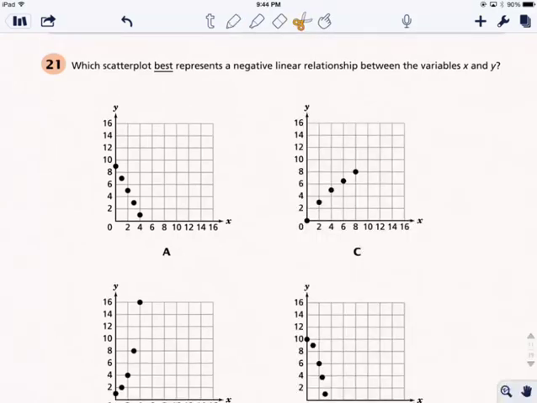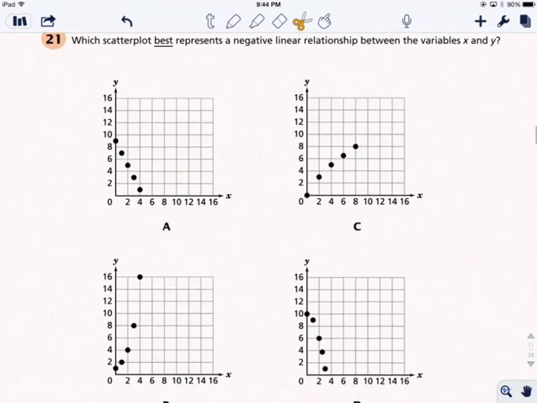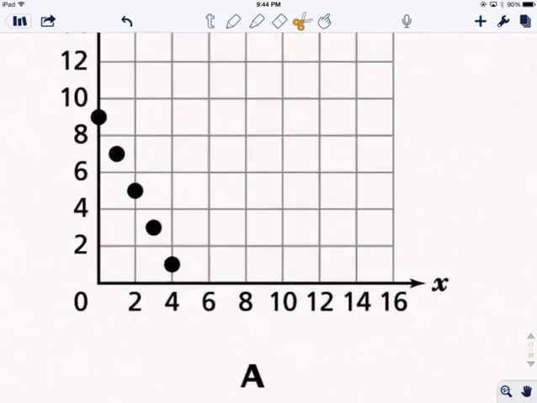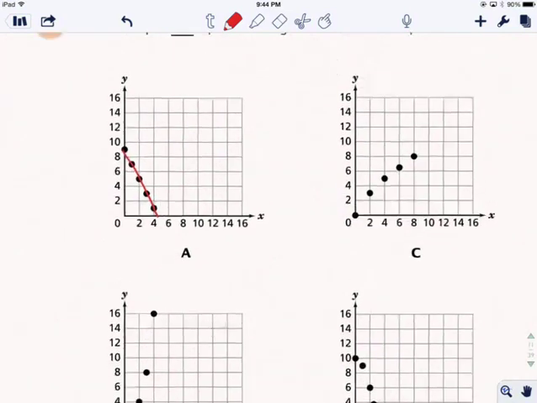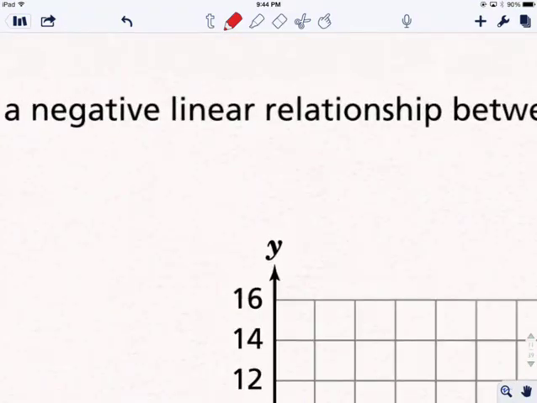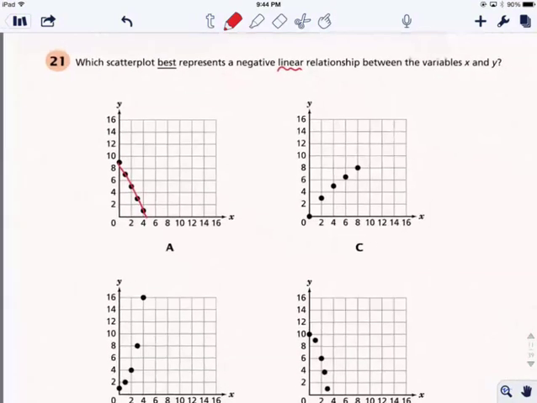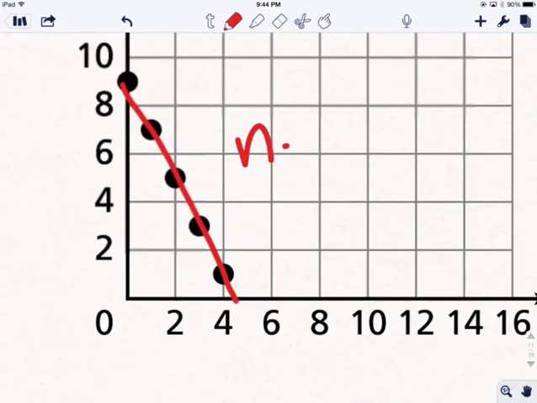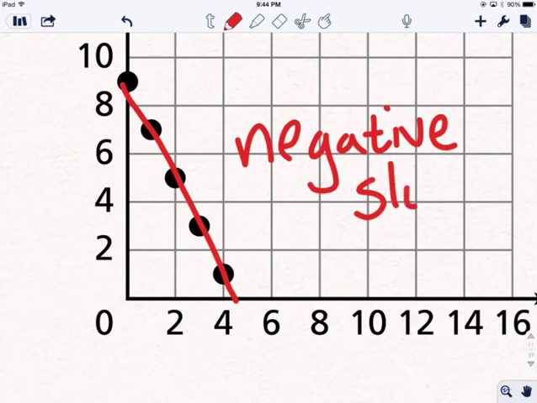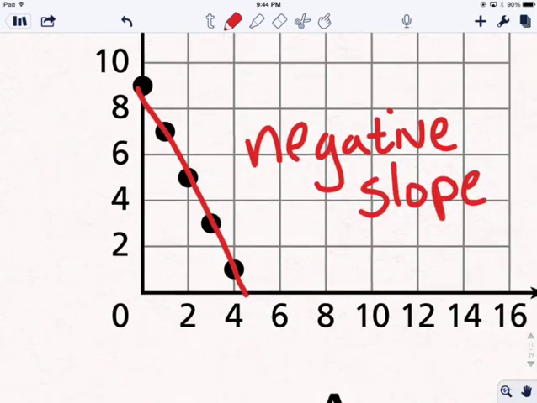Which scatterplot best represents a negative linear relationship between the variables x and y? Now I hope that it's pretty clear that the answer choice is A, because the points lie on a straight line, which means that it's a linear relationship, and it has a negative slope, which means that it is a negative relationship.